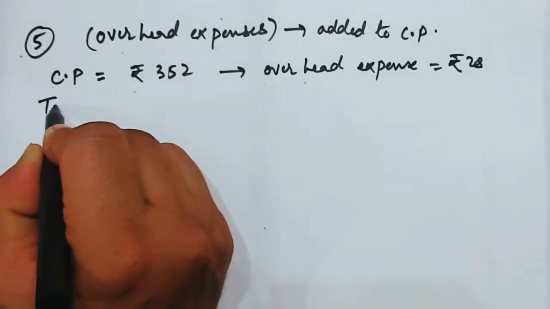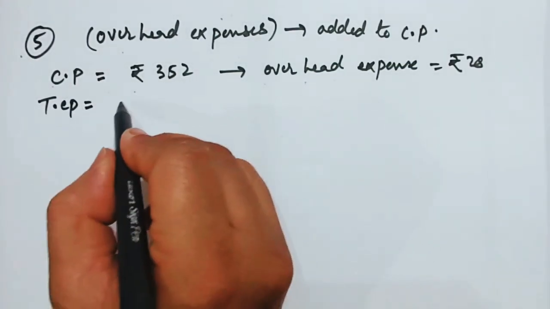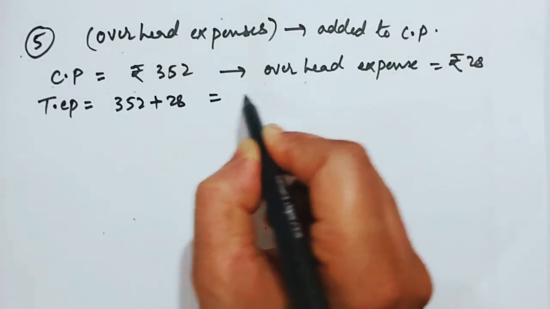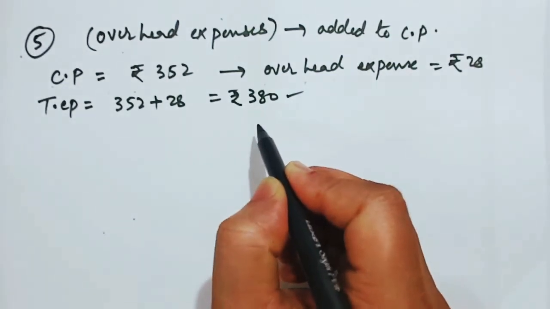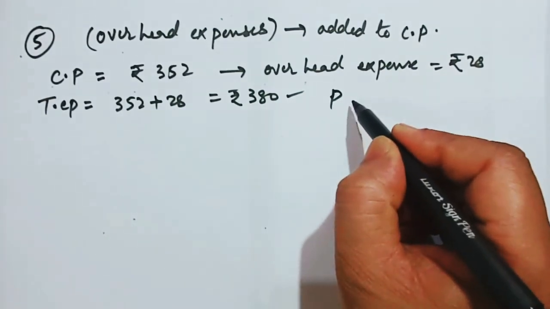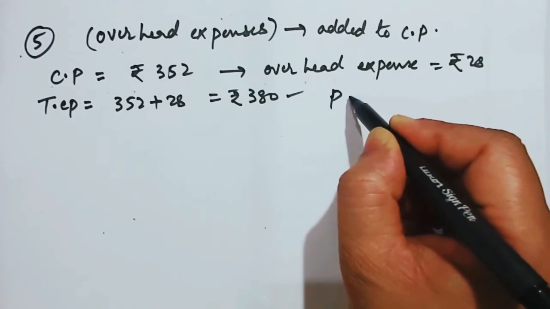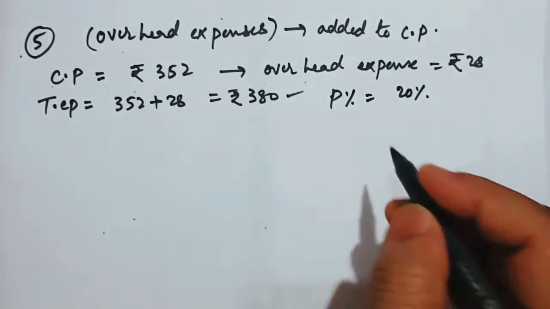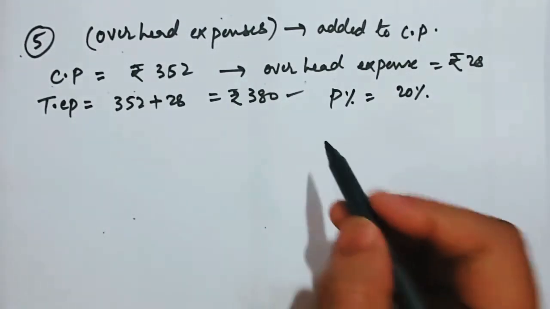So your total cost price will be 352 plus 28, that is 380. Now the profit percent is given as 20%.